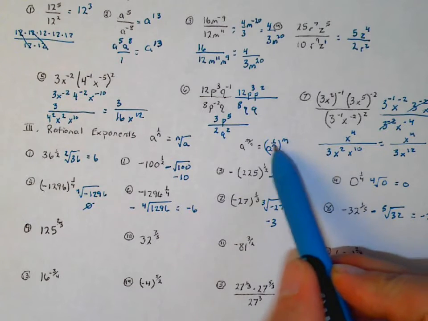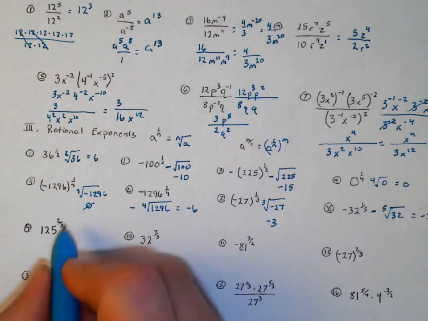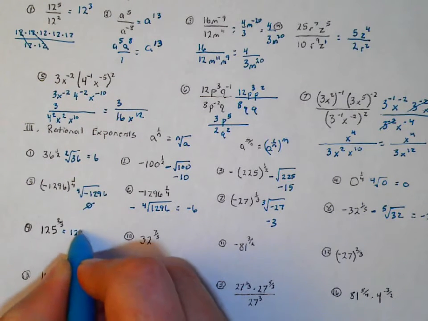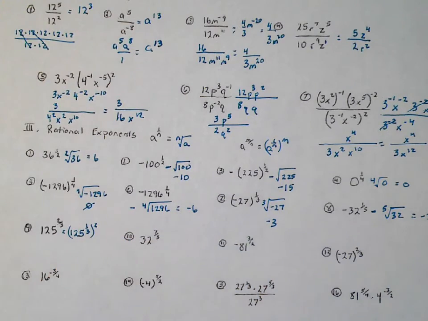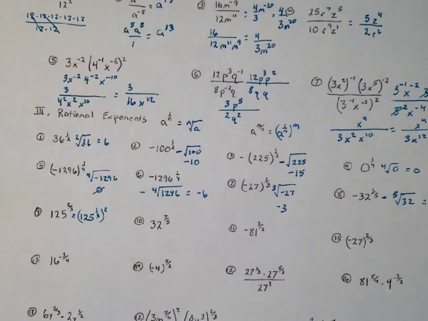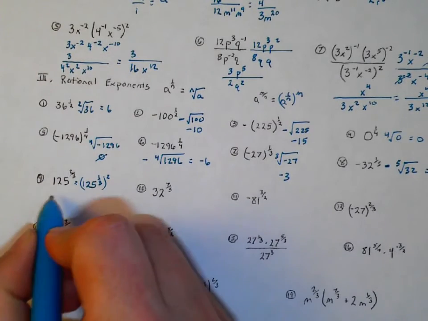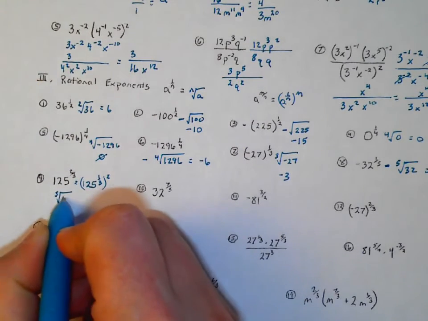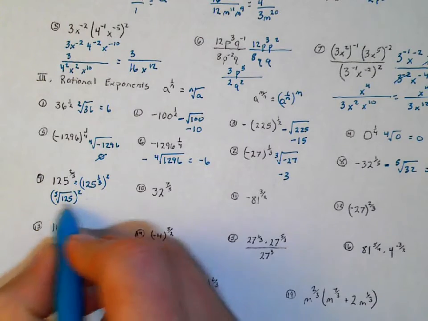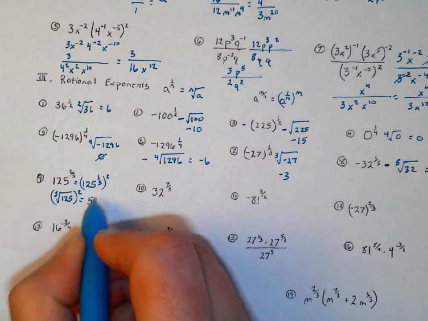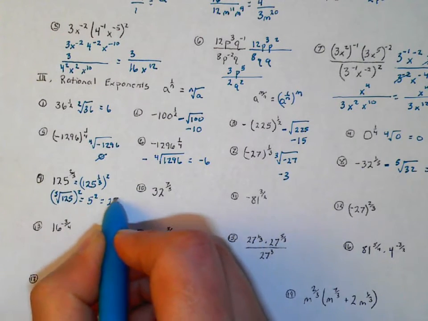So if I multiply this together, I get this. So I can separate this into 125 to the 1/3, squared. Okay, and we just kind of work through this. The 1/3 power is the same as the cubed root. The cubed root of 125 is 5, so we have 5 squared, which is 25.